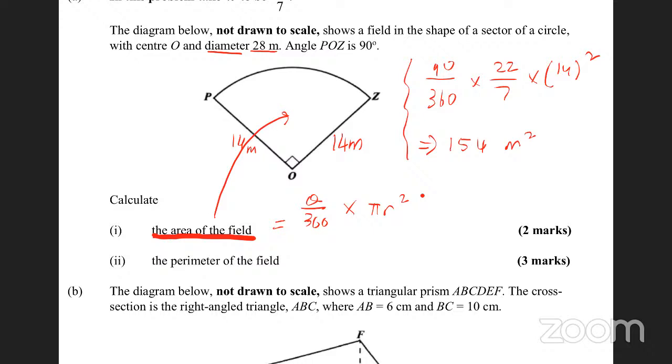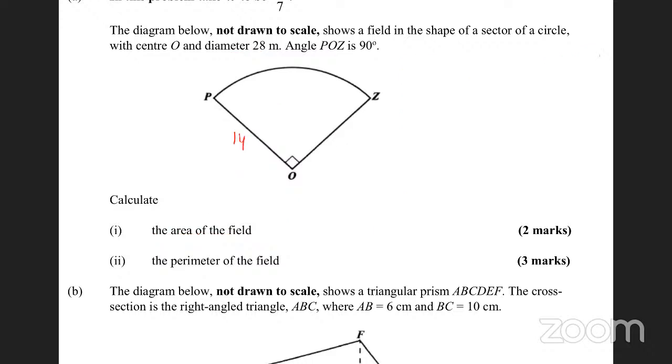When they say perimeter now, what do they mean? They want the whole length around, right? Okay. So they want the whole length around. Here's 14.